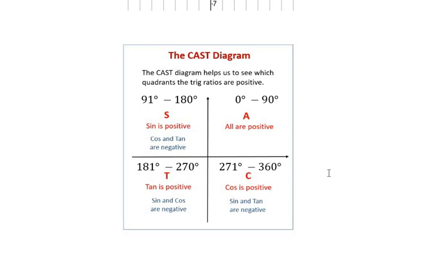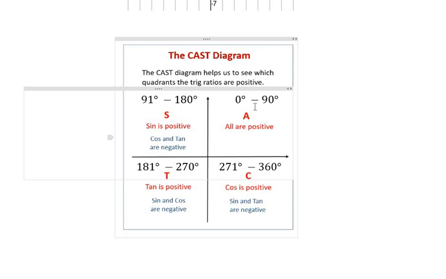Just ensure you use appropriate acronym that will suit you, such that this A means all. Both the tangent, the cosine, and the sine, they are all positive in this quadrant, which is the first quadrant. Now the second quadrant, only sine is positive. The third quadrant, only tan is positive. The fourth and the last quadrant, only cos is positive.